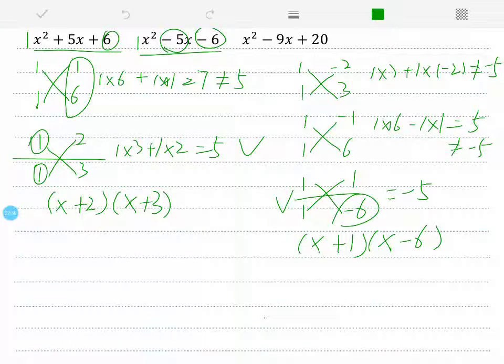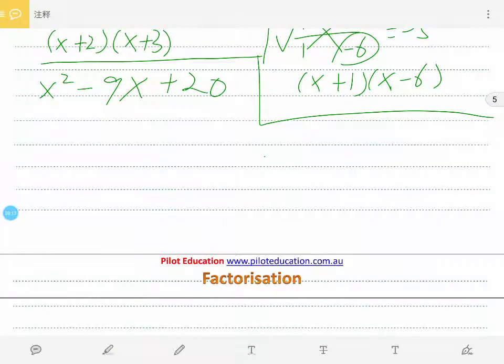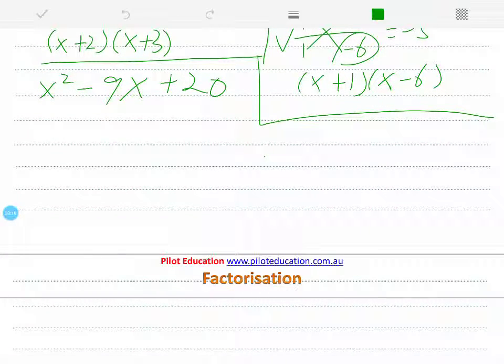Now we do the solution for the last one. I rewrite it here: x squared minus 9x plus 20. Well, in this case, you see the constant number is positive, but the number before x is negative. So that means when you factorize 20, there must be 2 negative numbers.